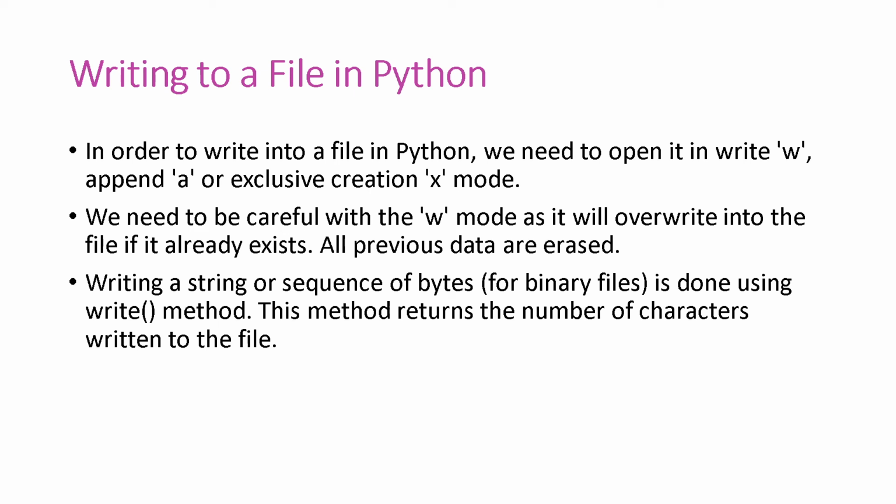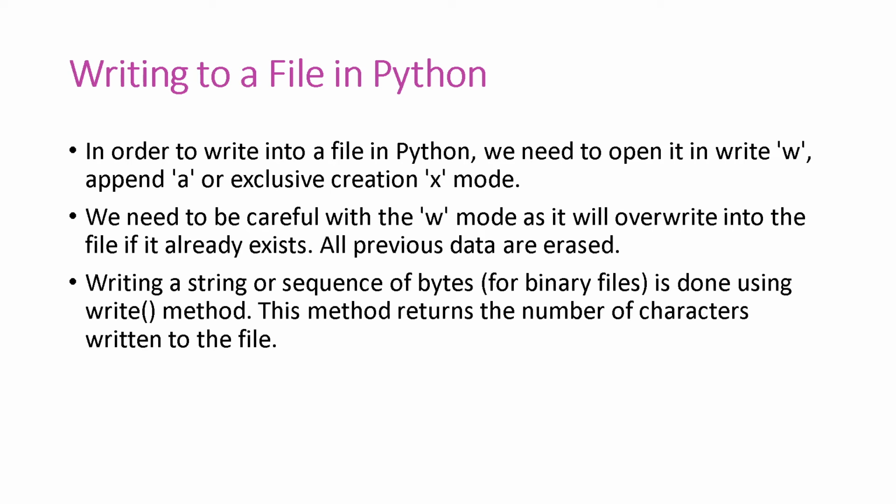Last time we introduced the concept of working with files in Python, what a file is, and why we use a file, and one of the purposes of using a file is persistence. If we want to have persistent data in a program, we have to be able to write to our file, so writing to a file is crucial.